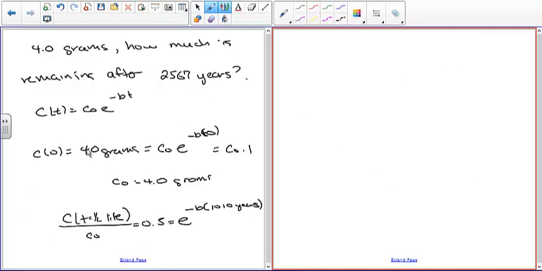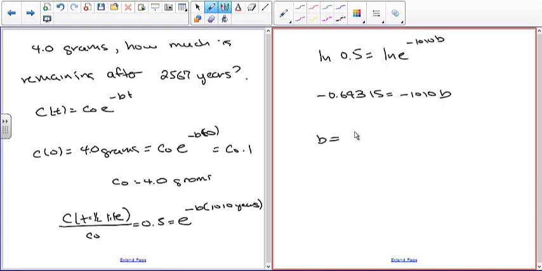So we just skip one division, really. So you take the natural log of both sides, natural log of e to the minus 1010 times b. The natural log of 0.5 is negative 0.69315. The natural log of e to that is just the quantity.